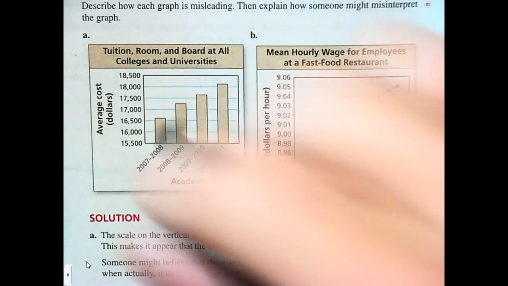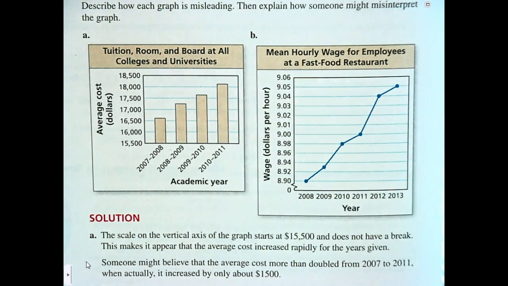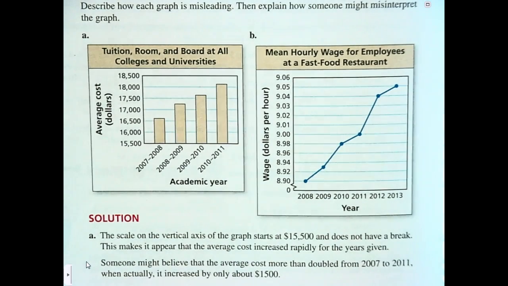A lot of times the data is misleading. It's for their point of view. They're trying to get you to buy their product or vote for their person or do something that they want you to do. So you need to make sure that you're paying close attention.